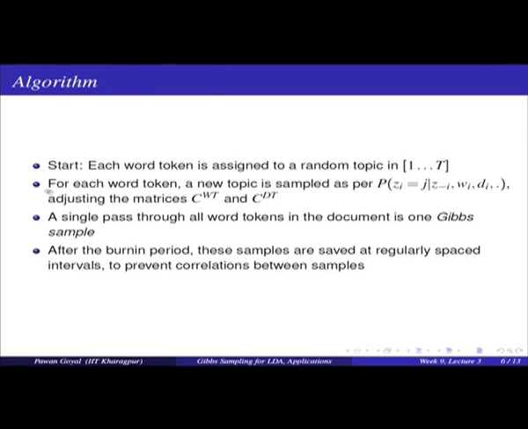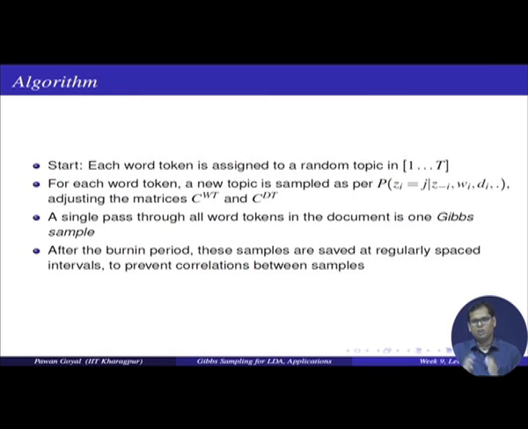Then in each iteration, for each word token you sample a new topic as per this distribution. Once you have the matrices formulated, you can find this probability distribution and sample a topic from a multinomial distribution. Then you put that topic in for that word and accordingly adjust your two matrices.